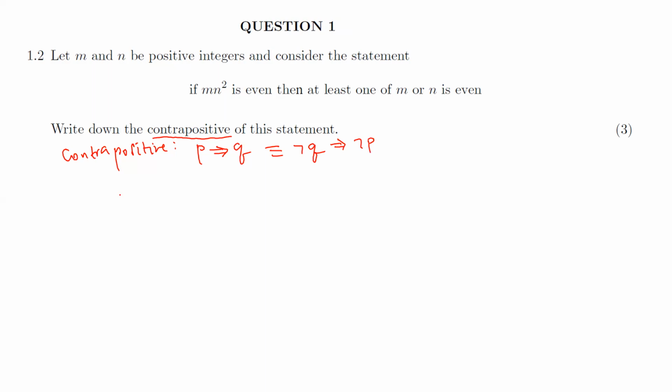Well, let's use it. They wanted us to write down the contrapositive, so you can just look at the P here. If this thing here is P, then this implies, and the whole thing here is Q. So this is P implies Q. So what is the contrapositive?